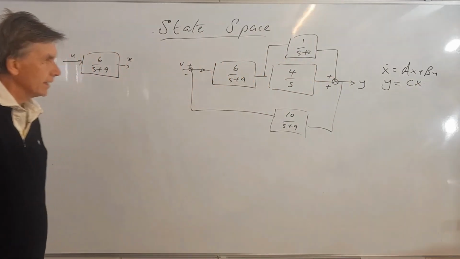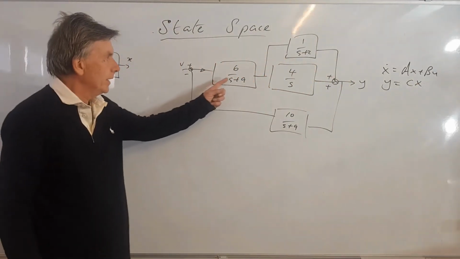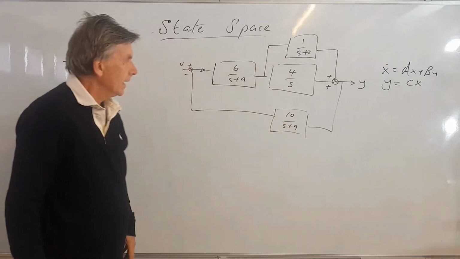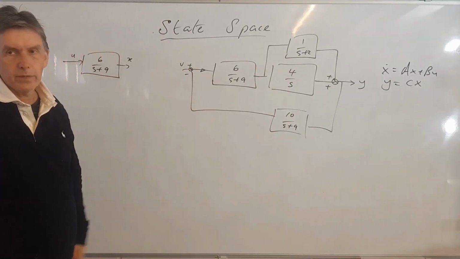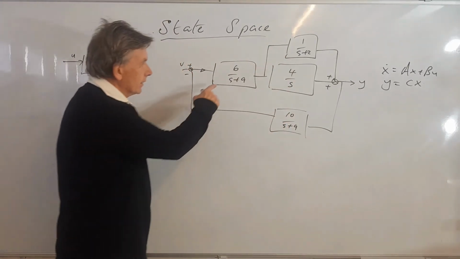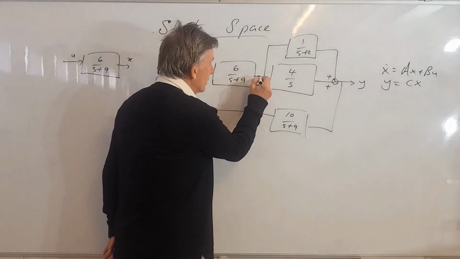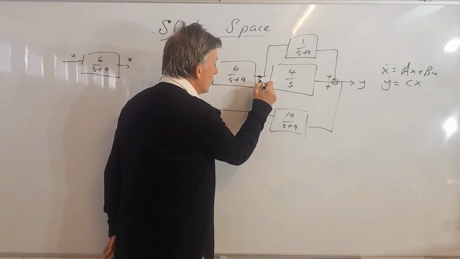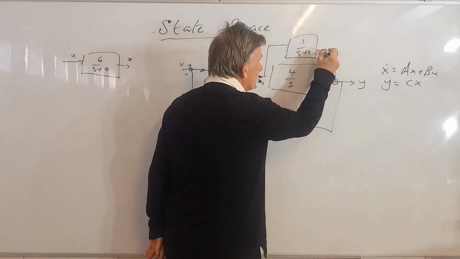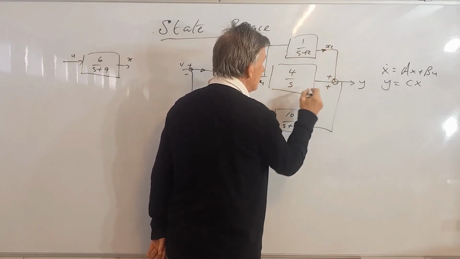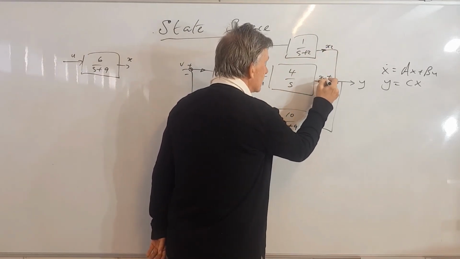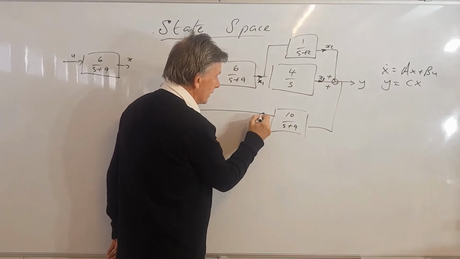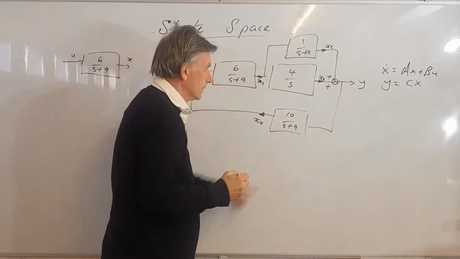And the basic thinking behind this is to do each block in turn and label each output from the block as a state. So you've got a block with an s in, so we could label that, say, as x1. You've got another block, label that x2. This one x3, and this one's going that way, so it'll have to be x4 because the signal's coming down this way.